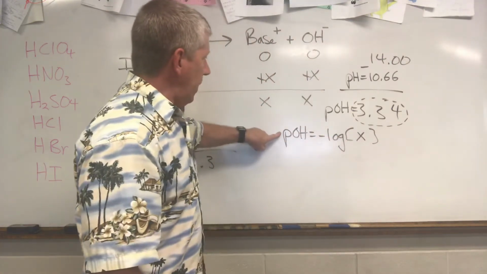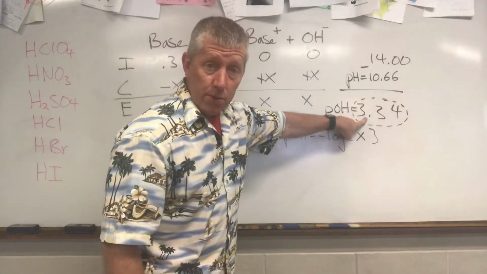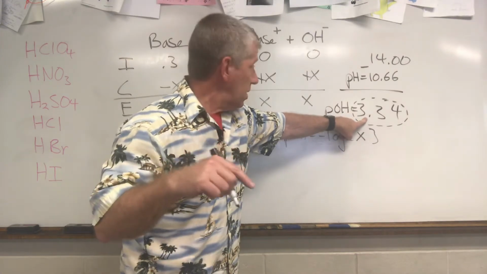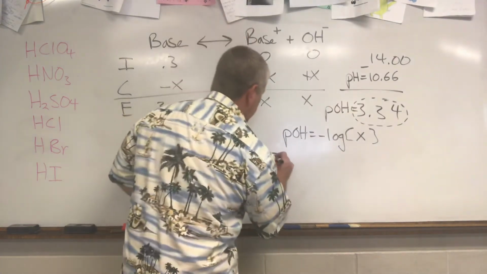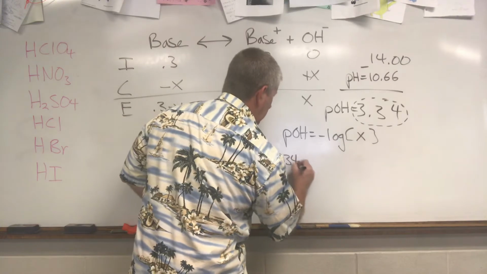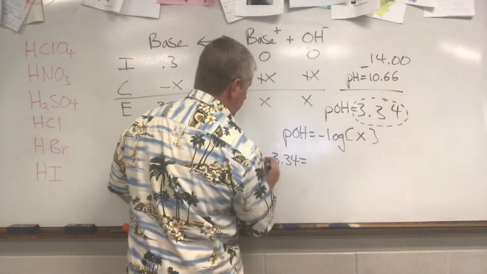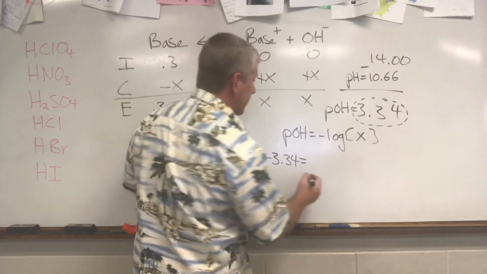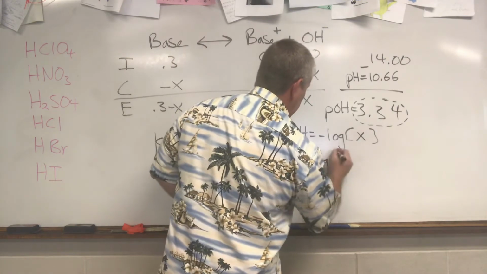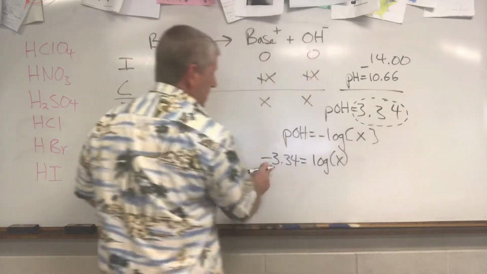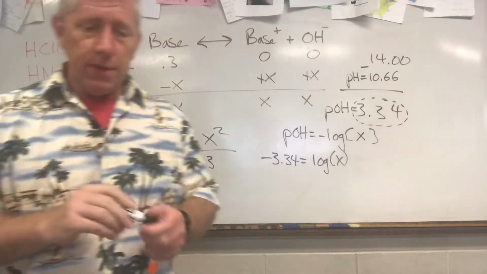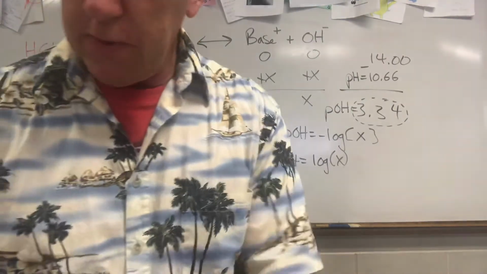I know what the pOH is. We just did that. We took the 14 and subtracted the pH. So that's 3.34. So 3.34 equals negative log of x, distribute the negative, so negative 3.34 equals the log of x. Anti-log that. I keep saying anti-log. I'll say inverse log. You might have learned it as inverse log, not anti-log.